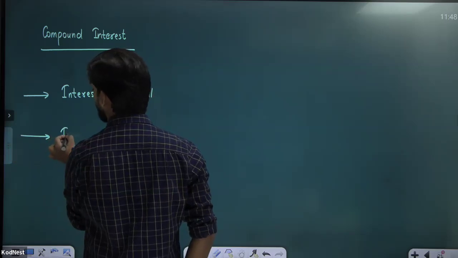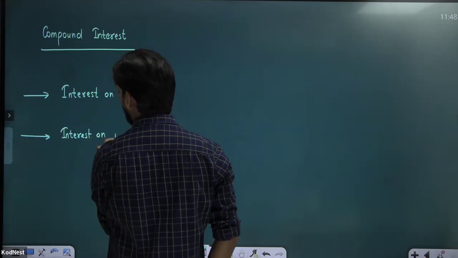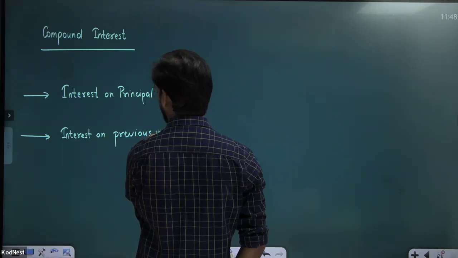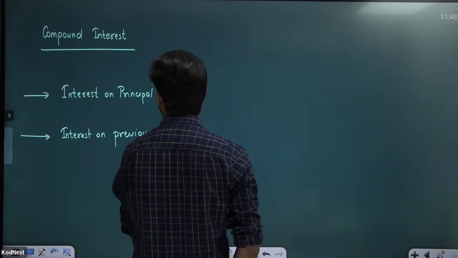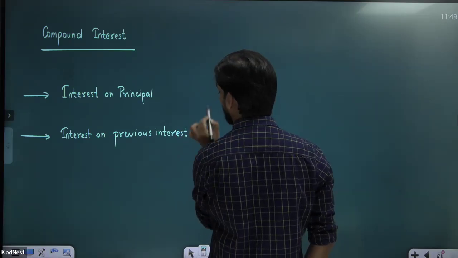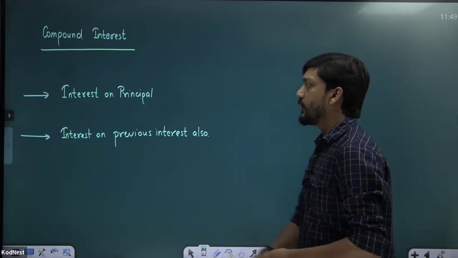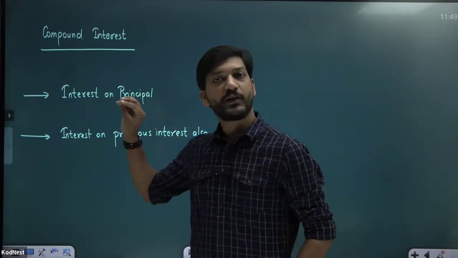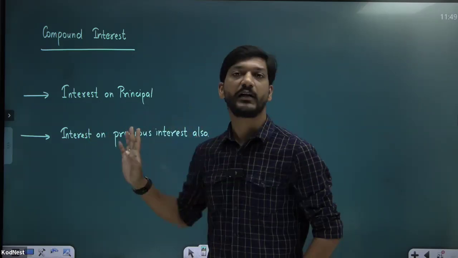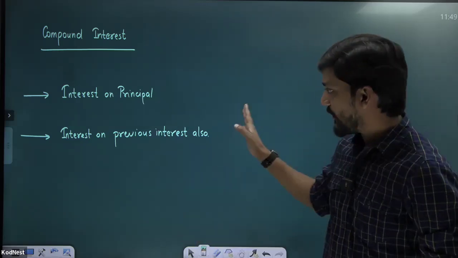But you will get interest on previous interest also. All right, so this is what you will get. So interest on principal you will get every year, and interest on all the previous interest also you will get every year. This is what you have to learn to apply.